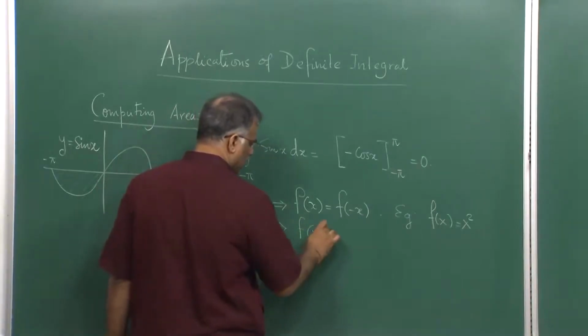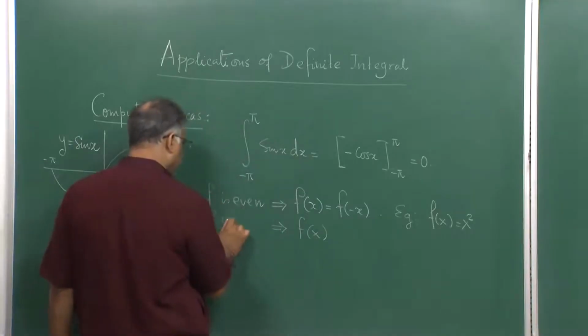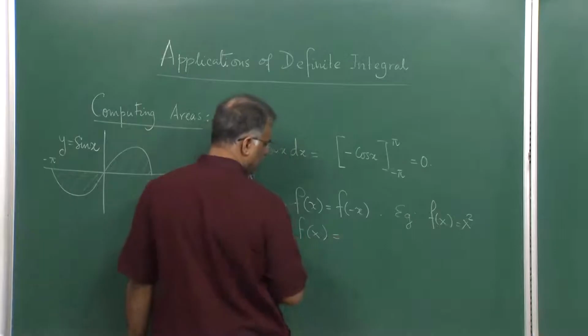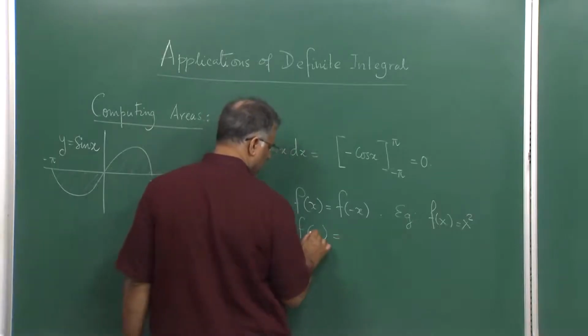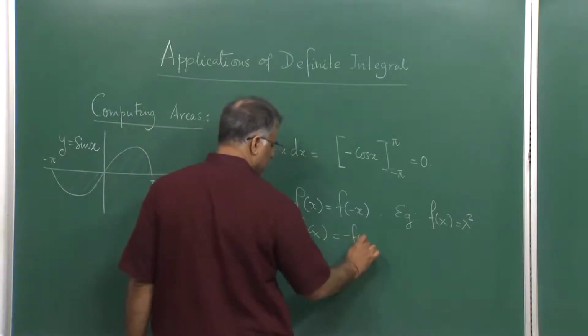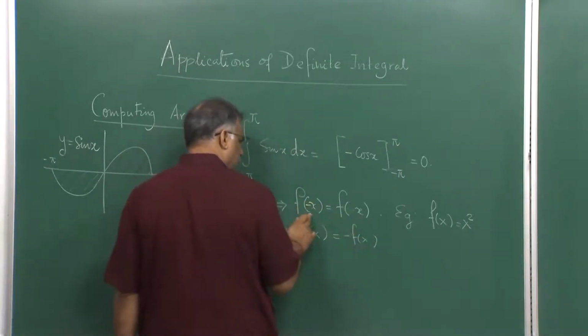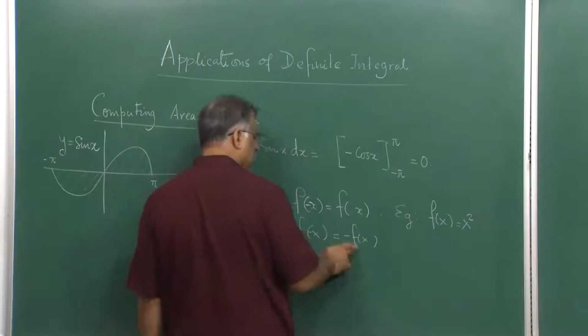Another is f is odd, that is, f of minus x is minus of f x. Here f of minus x is f x, here f of minus x is minus f x.